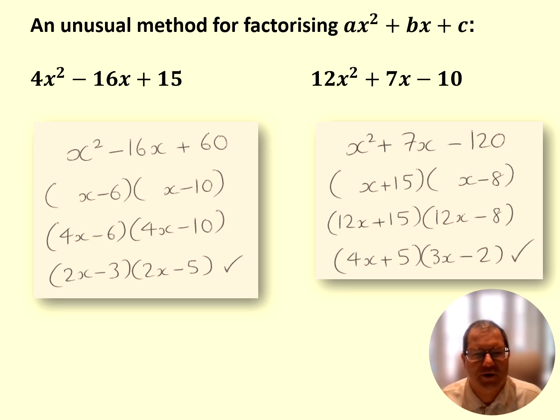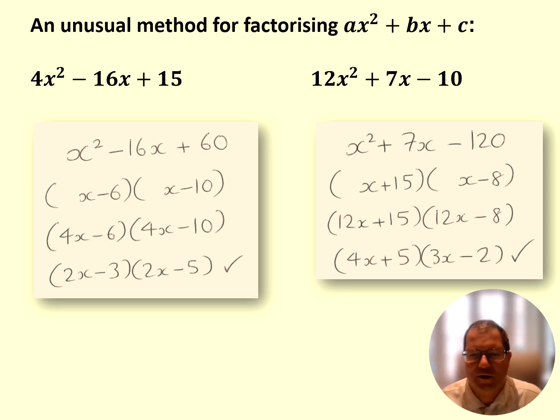And then a, which in this case is 4, gets reinserted in those gaps. Both brackets have common factors this time, so 4x minus 6 can be divided by 2 to give us 2x minus 3, and 4x minus 10 can also be divided by 2 to give us 2x minus 5. And 2x minus 3, 2x minus 5 is the correct factorisation for the original expression.